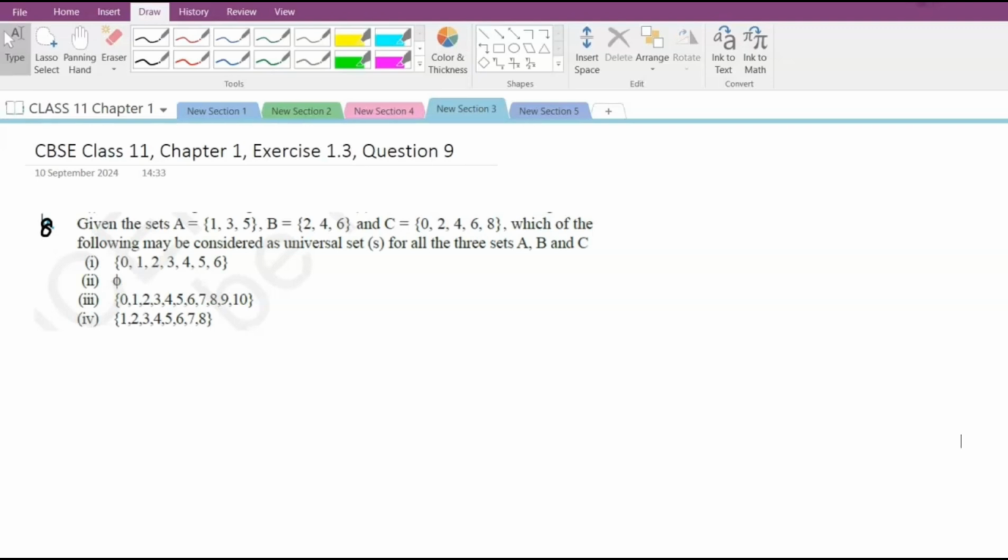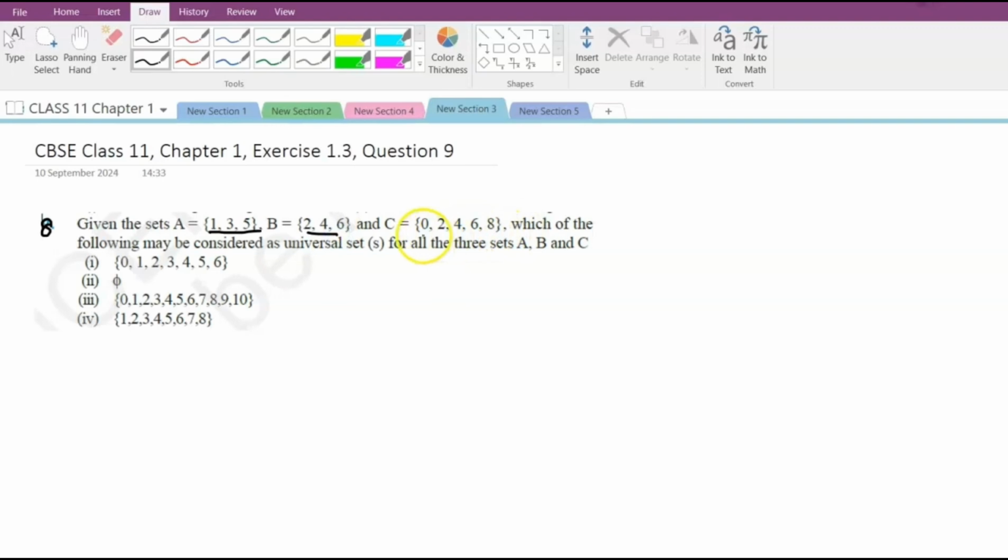Given the sets A = {1, 3, 5}, B = {2, 4}, and C = {0, 2, 4, 6, 8}. Which of the following may be considered as universal sets for all the three sets? Set or sets again, so there could be more than one right answer. Okay, so this means all the elements.